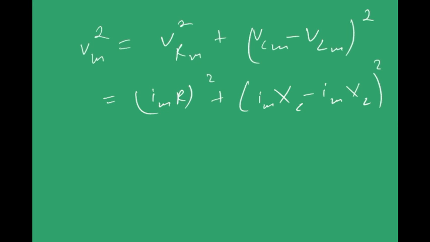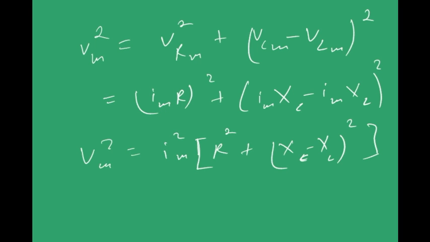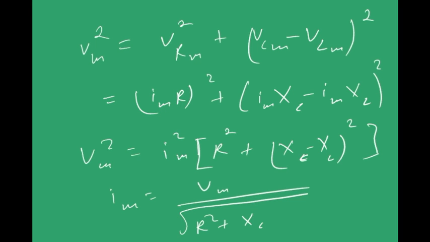I can square this, and finally I'll write this as Im square times R square plus Xc minus XL whole square, taking Im square common from all the terms. This is Vm square, right? So what is Im? Im will be Vm by the root of R square plus Xc minus XL whole square.